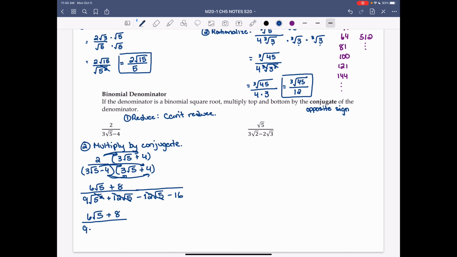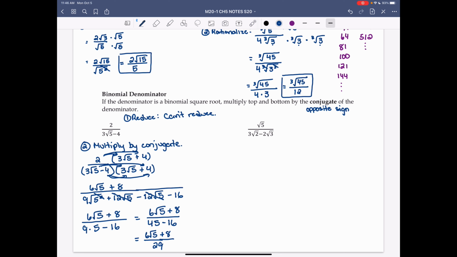Square root and square undo each other, so it's 9 times the whole number 5, and then minus 16, which gives us 6 square root 5 plus 8 over 9 times 5 is 45 minus 16, which gives us 6 square root 5 plus 8 over 45 minus 16 is 29.